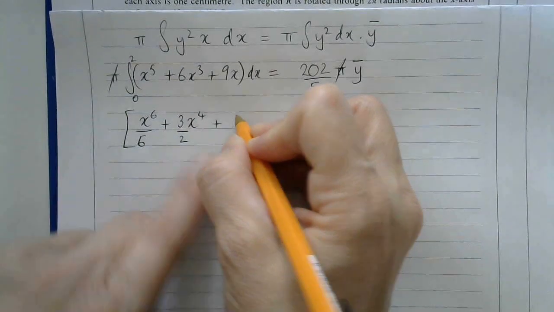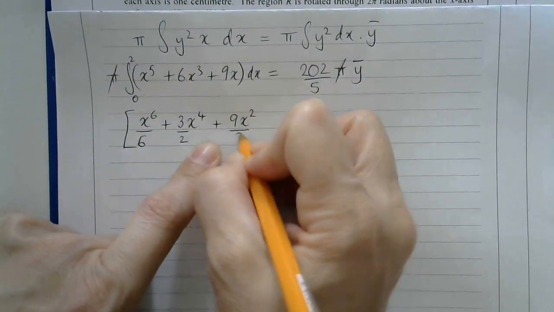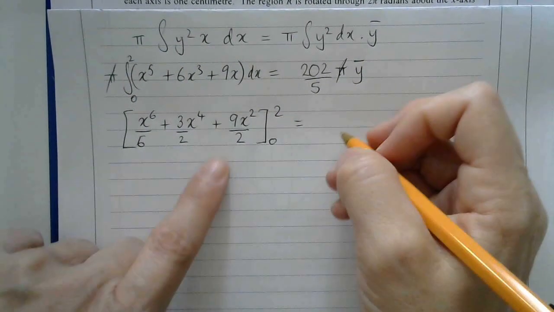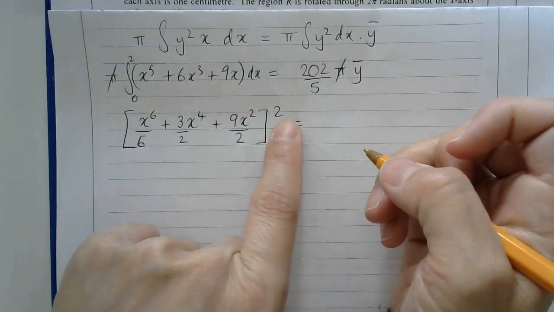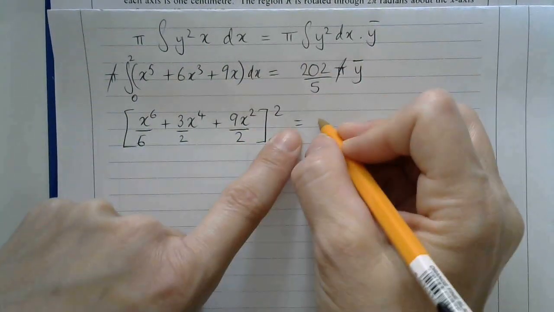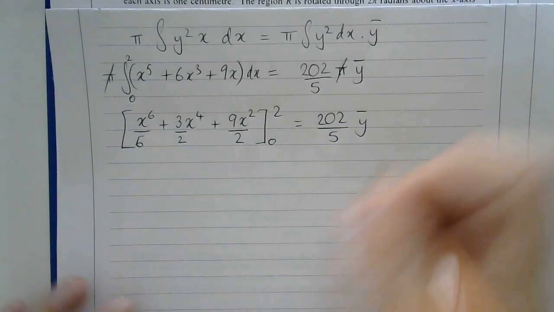And here I end up with 9x add 1 to the power, so it becomes squared divided by the new power, to be evaluated from 0 to 2. Remembering when I put 0 in there, all of that will disappear, so really I just need to consider 2 being put in all of those. So here I end up with 202 over 5 y bar.